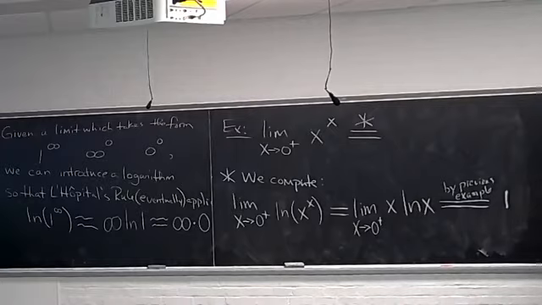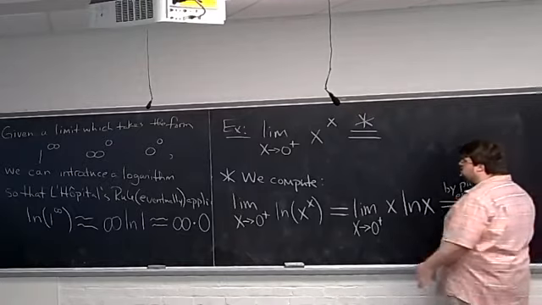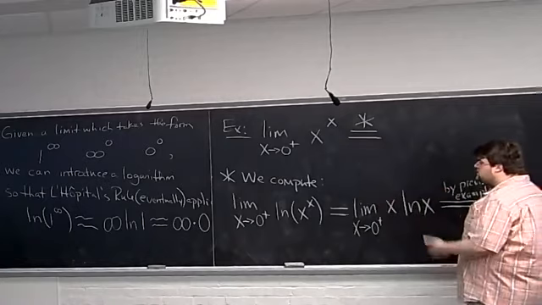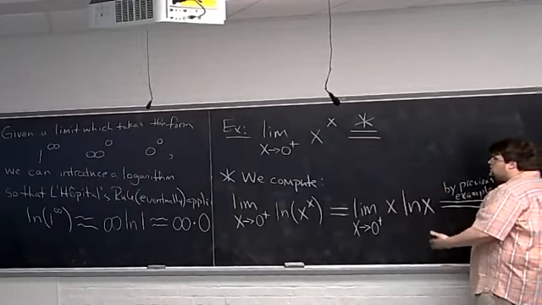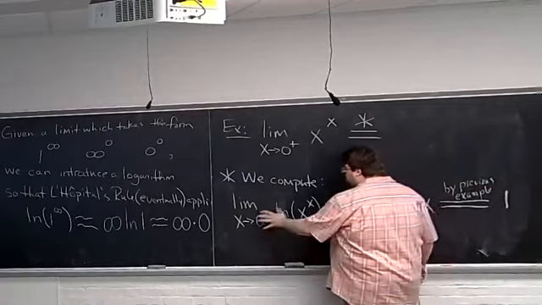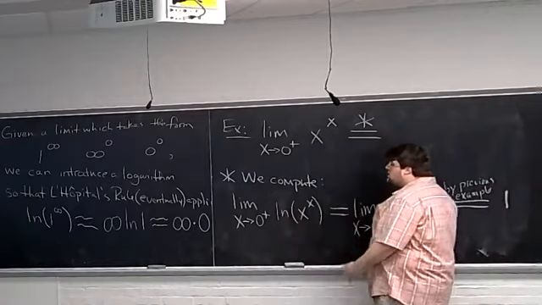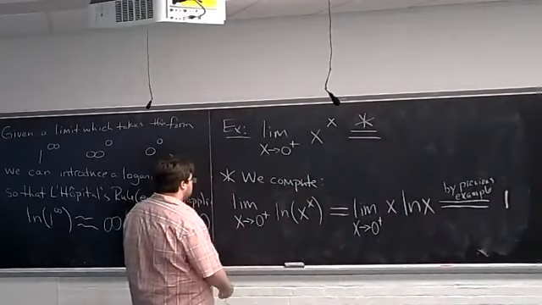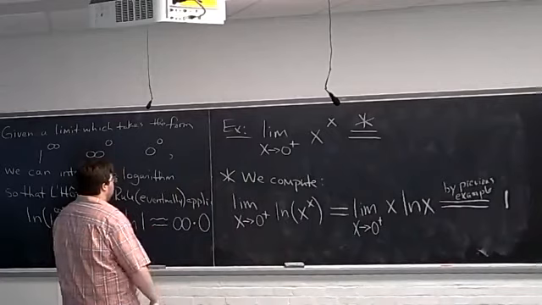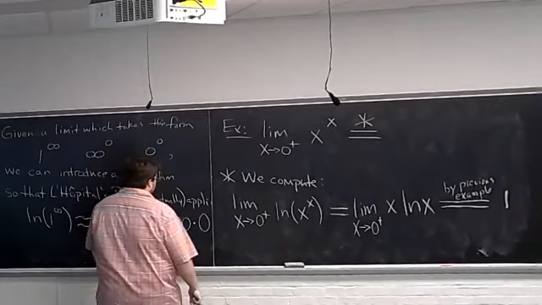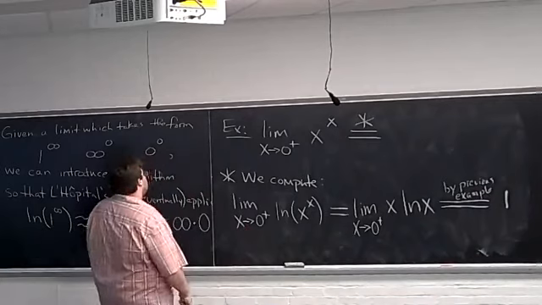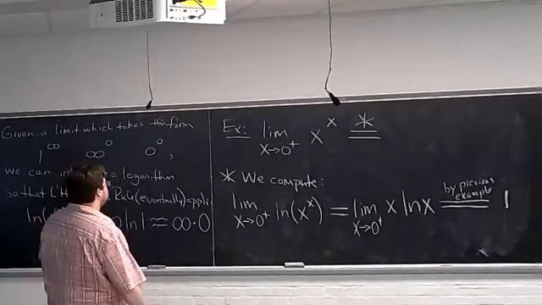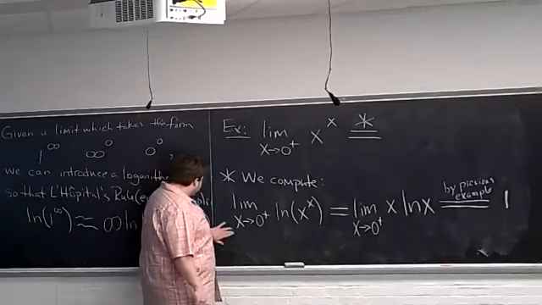Now, another thing to observe about this one is that this limit we computed isn't the limit we wanted. It differs by a logarithm. To get the limit we want, we would have to get rid of the logarithm. How can we get rid of a logarithm? Well, we can do that by taking exponentials of everything. Exponential is a continuous function, so the limit will travel across it. Meaning, if we want the limit we want, we would take the exponential of this.